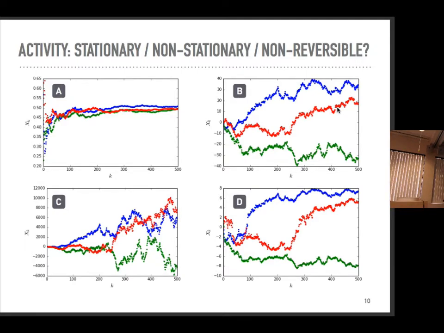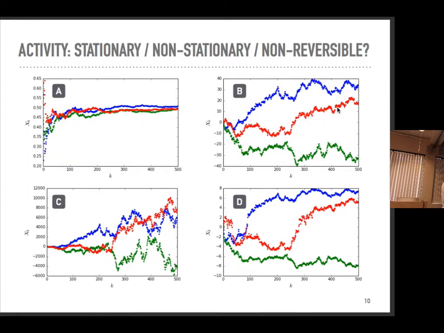If A were stationary, then you have a continuous convergence. And if it were reversible... So this is interesting. I think D is reversible. Oh, so I think B and C are both non-reversible, right?